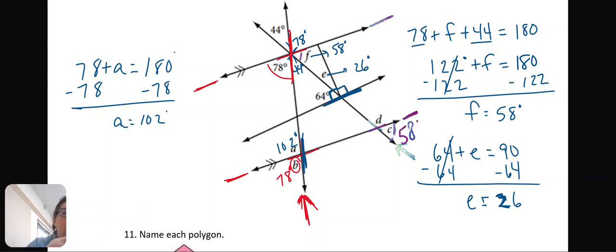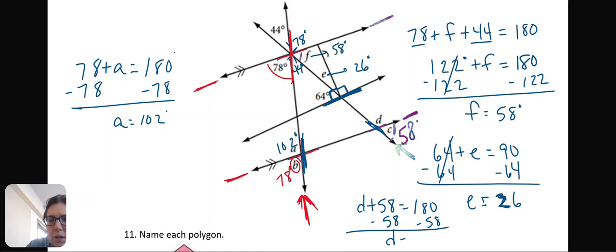And then we have a straight line now. So D plus 58 has to equal 180. So I'm going to minus 58. And so D equals 122. Okay, so I think that's it on that one.